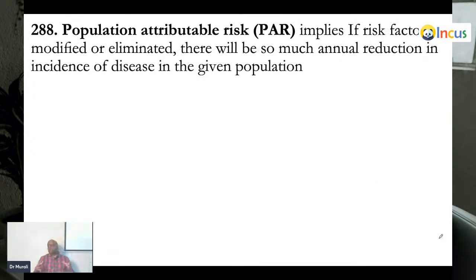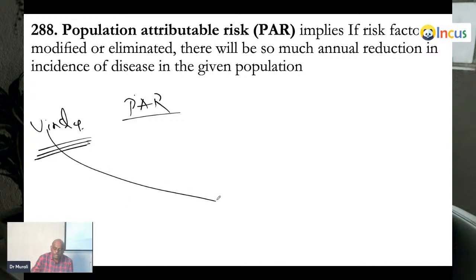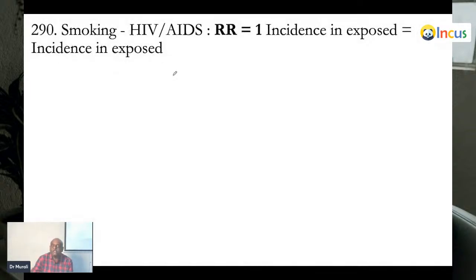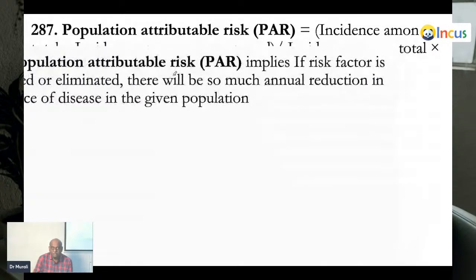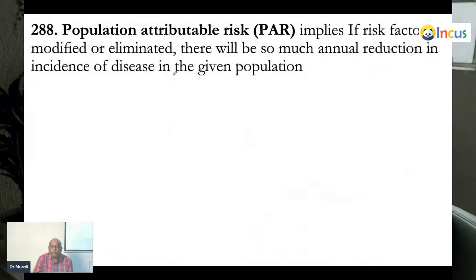So why do you want to calculate population attributable risk? It is important because if you know the population attributable risk for vinyl chloride, and you remove the vinyl chloride exposure, then there will be a significant reduction in the incidence of the disease in the population.